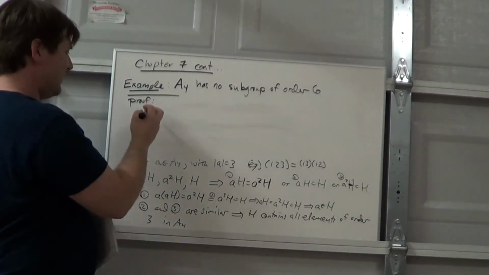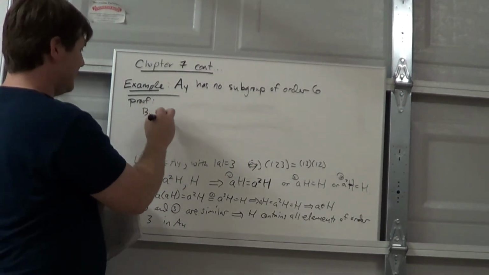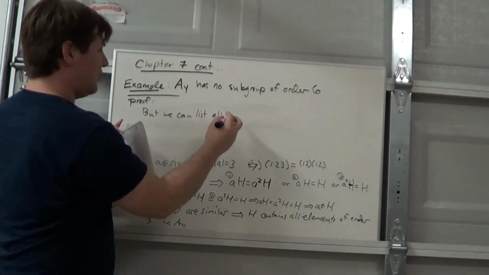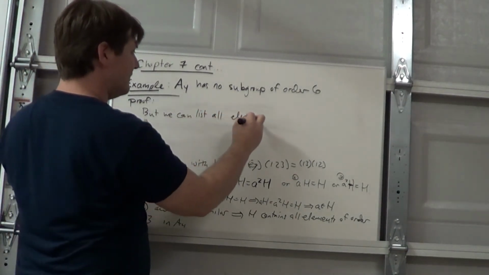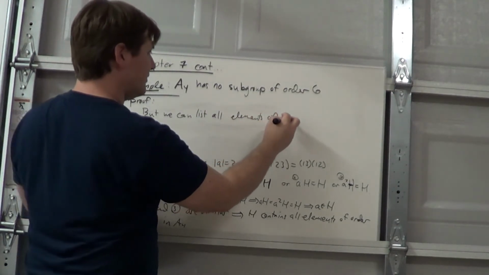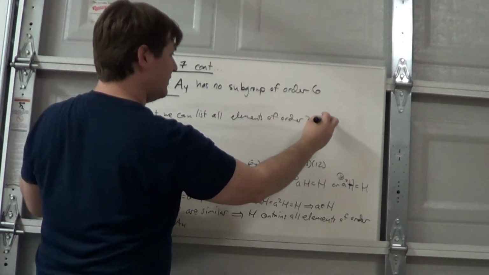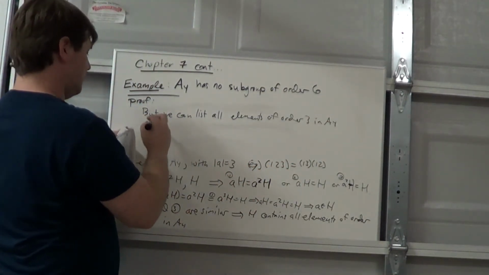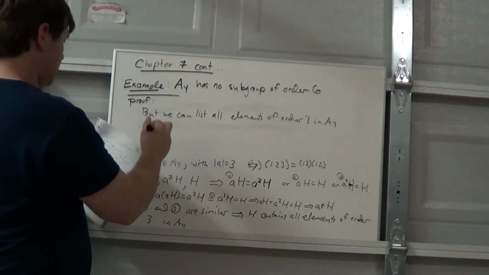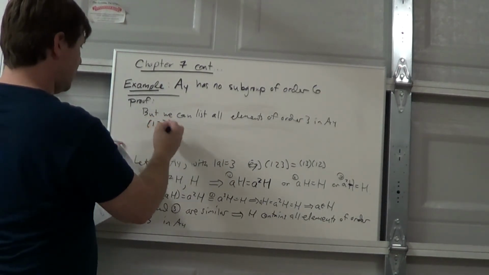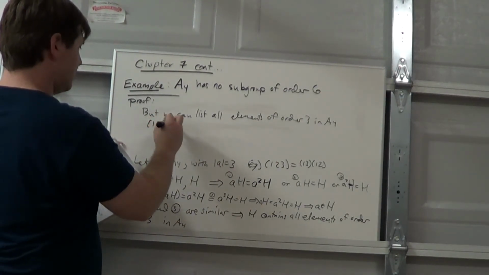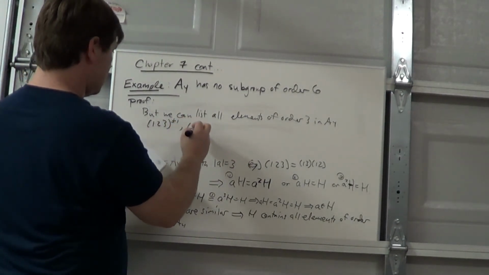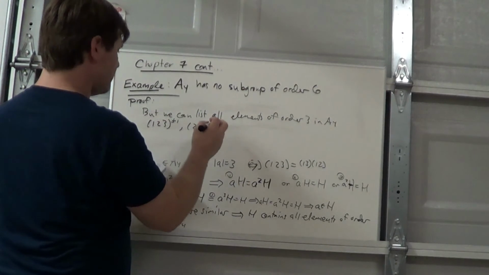Okay, but we can list all elements like that in A4. There are 8. So (1 2 3) and its inverse. (2 3 4) and its inverse.